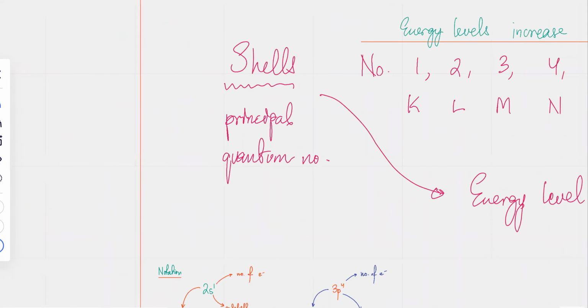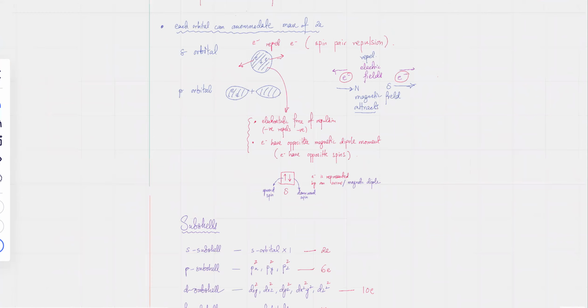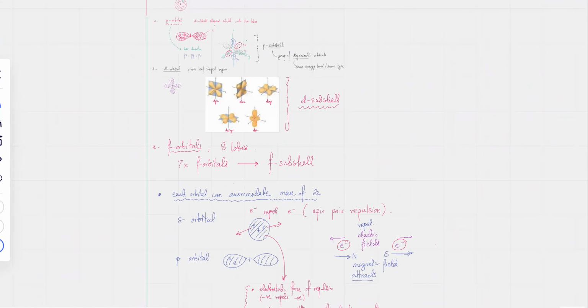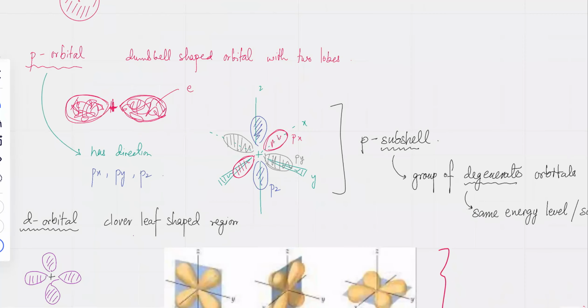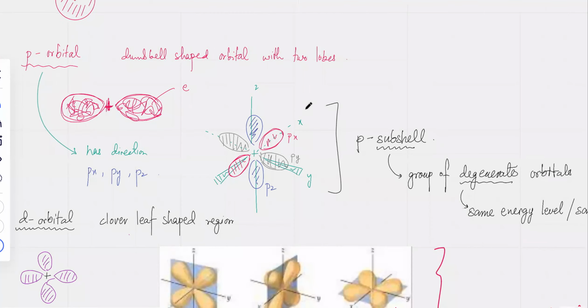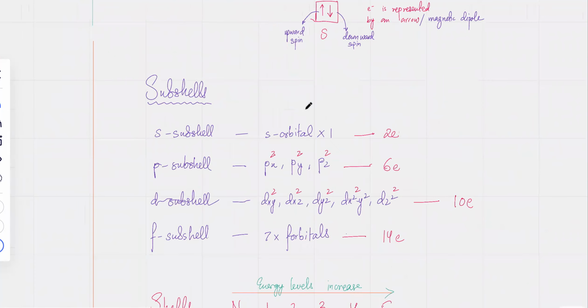Even before that, I told you that a p subshell is actually made up of 3 separate p orbitals, px, py, and pz, all lying on different axes. If an electron is in the px, then the electron would be on this axis. So you've got 3 separate p orbitals now.